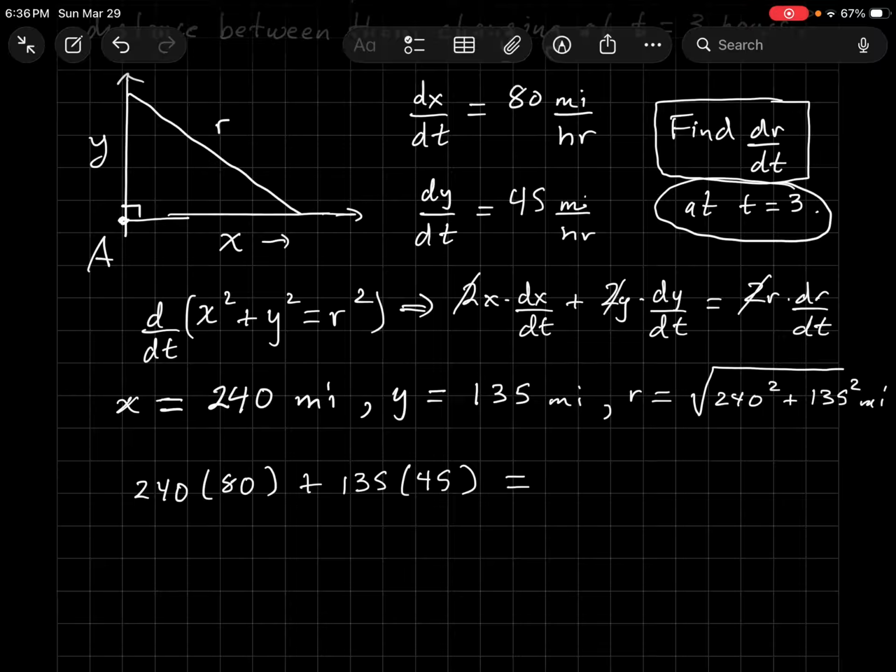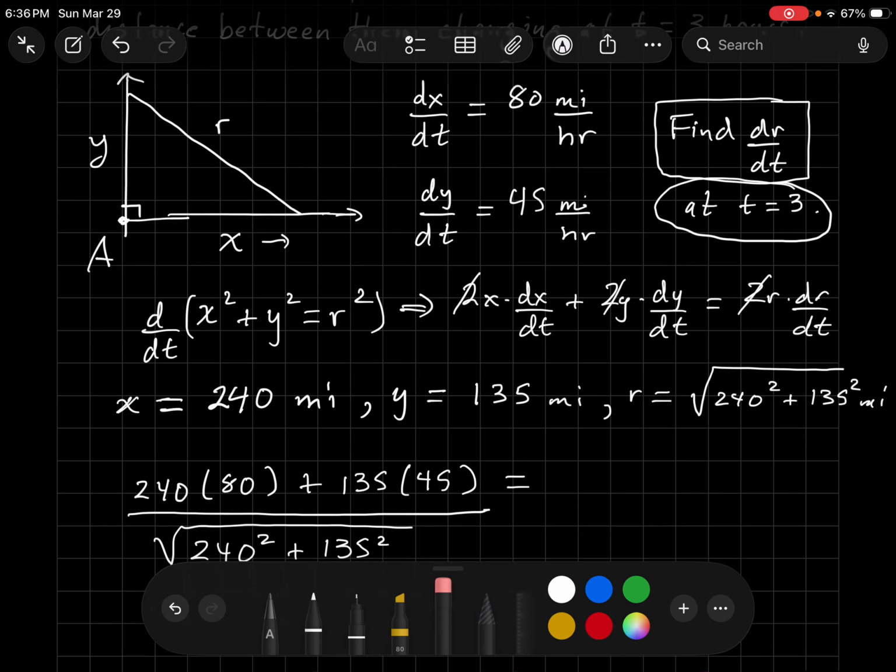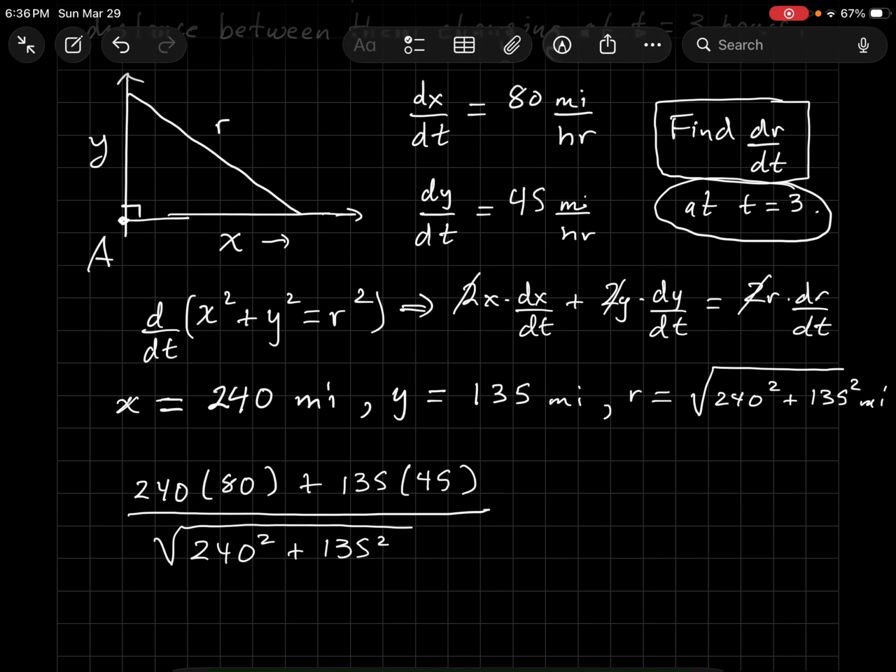R is this square root, so instead of writing it over and over again, I'll just move it over by dividing and put r down below as the square root of 240 squared plus 135 squared. And notice that the only thing that we have left over on the right side is exactly what we were looking for, dr dt.